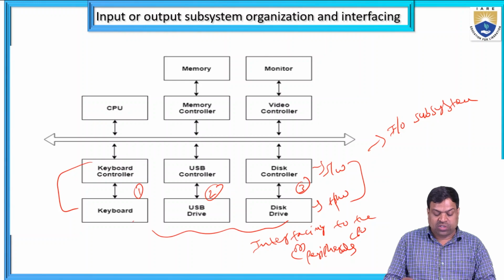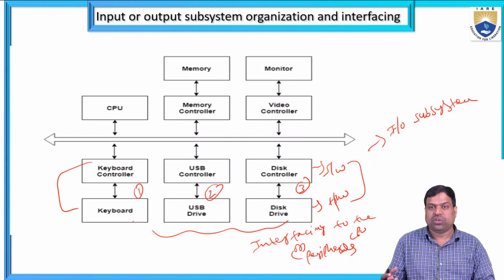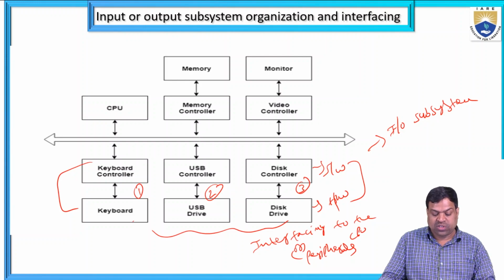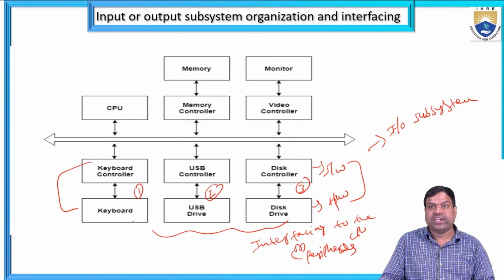Not only this one, it is an example. There are so many drivers and input output devices connected to the CPU. Keyboard, USB drive, disk drives are there, so keyboard controller, USB controller, and disk controllers are there. It is about the input output subsystem organization and interfacing.